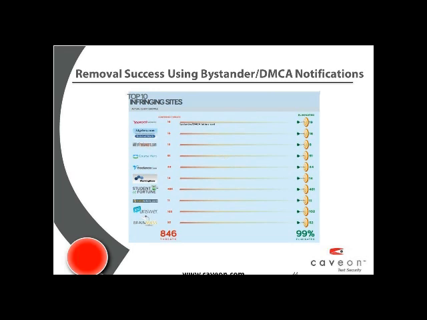It does take ongoing efforts for some of the more stubborn sites to take the content down. The point is 99% of that content is gone and no longer a threat to those clients. Most of that was done using bystander letters and, more importantly, building relationships with these websites.